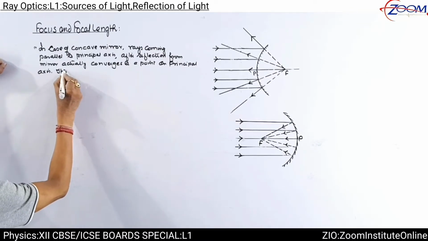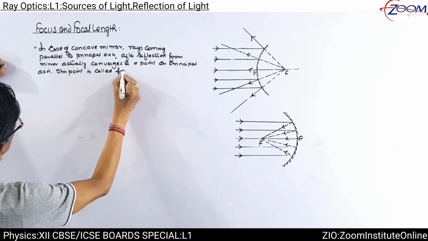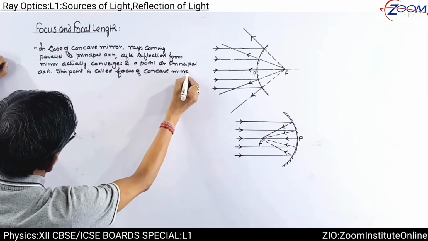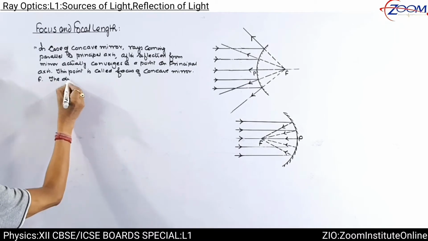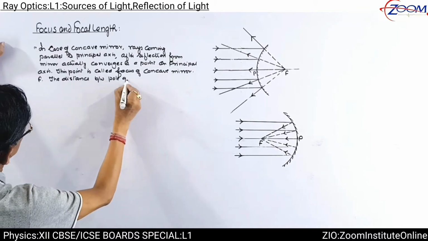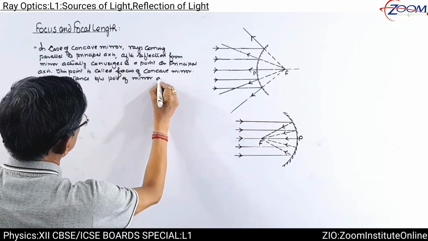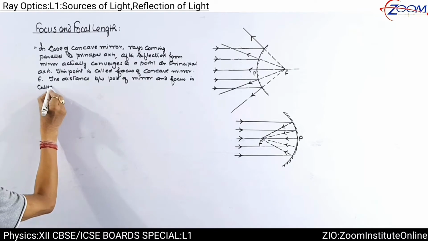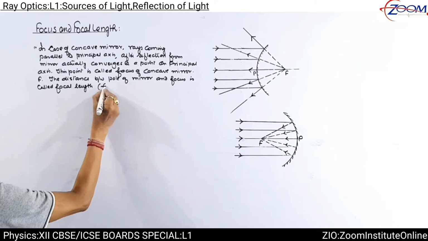Students, this point is called focus of concave mirror, F. The distance between pole of mirror and focus is called focal length, f.